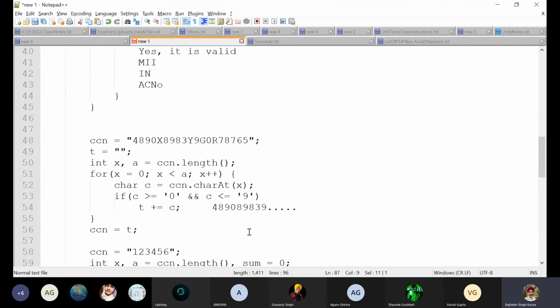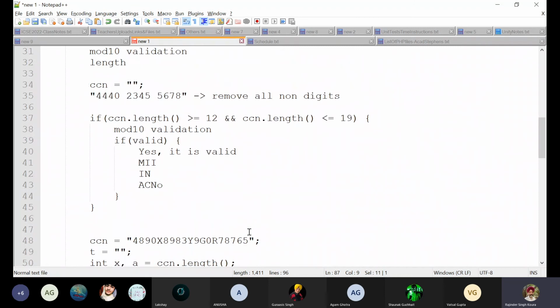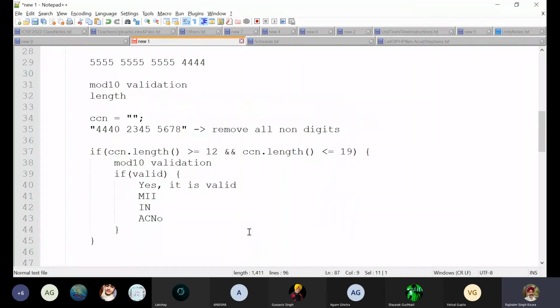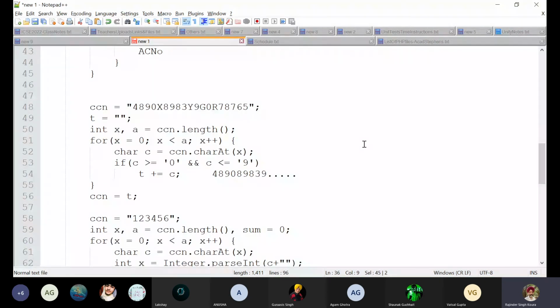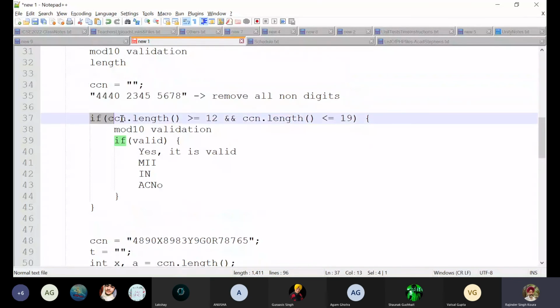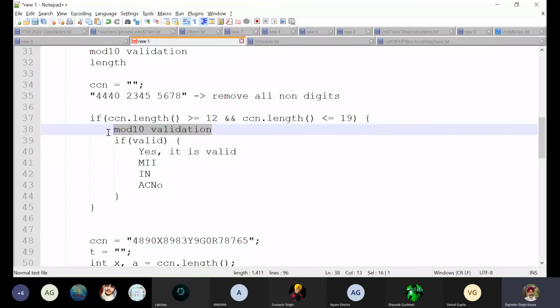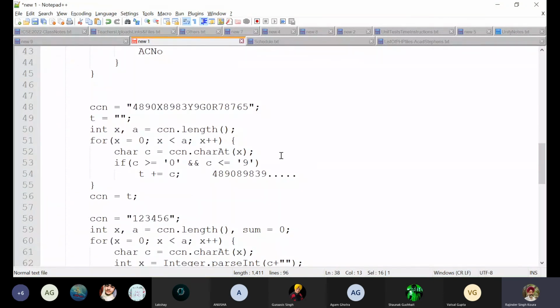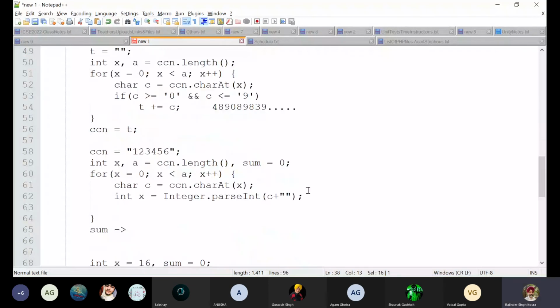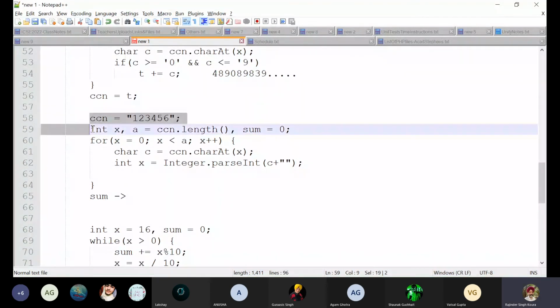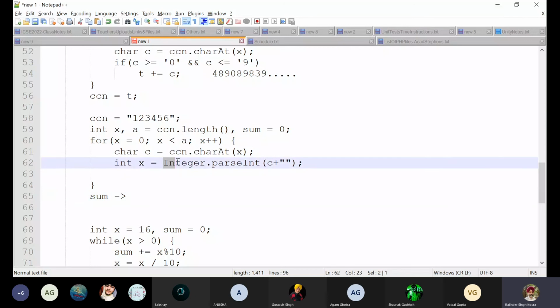Okay, so you know everything, all the bits and pieces. So this is my total program. You take the number, remove all the non-digits. I have given you the program for that. Then this statement goes as it is. Mod 10 validation is the major program that you're actually going to write. You know how to perform the task on numbers, and this is how you're going to convert that character into a number.